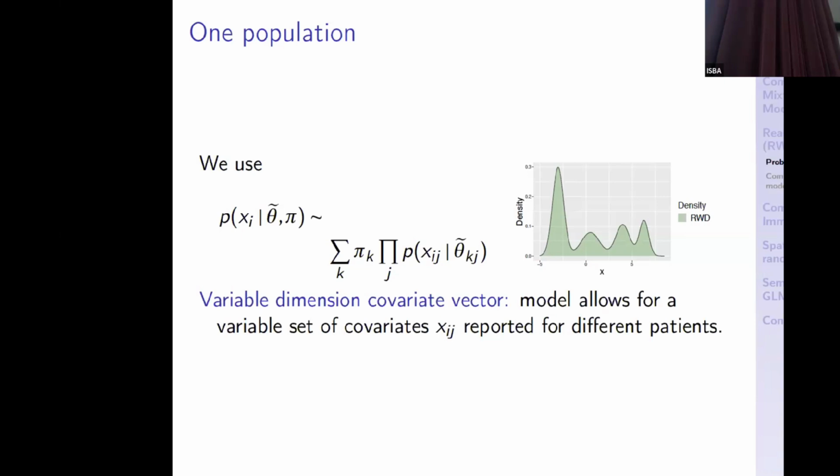MICE is a popular algorithm to impute missing data, totally ad hoc, but very popular. And actually, in joint work with Fernando Quintana and Gary Rosner, we use exactly that kind of feature to set up regression with variable dimension covariate vectors.